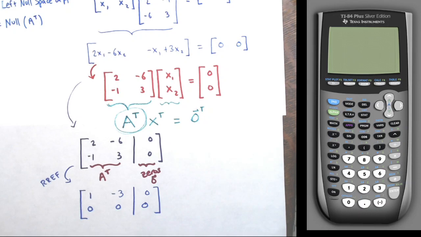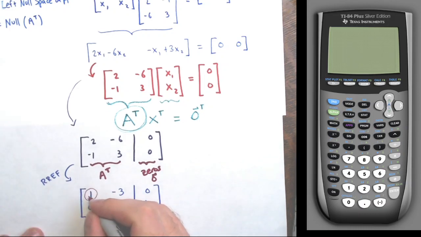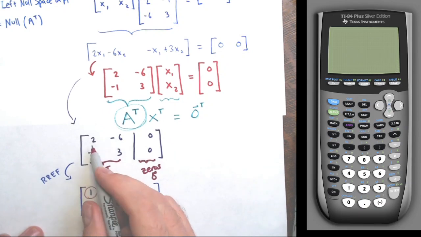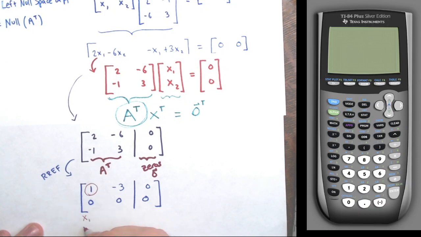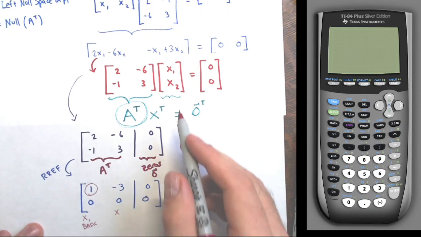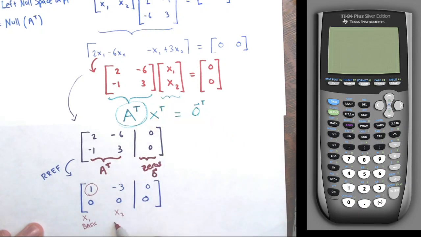Now that I have this in reduced echelon form, look for the pivot columns. There's a pivot, the leading one, in the column corresponding to the coefficients of x1. So x1 is a basic variable, and the second column is not a pivot column, so the other variable, x2, is free, meaning I can let x2 be whatever I wish.